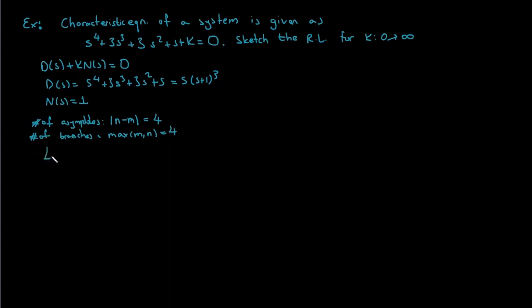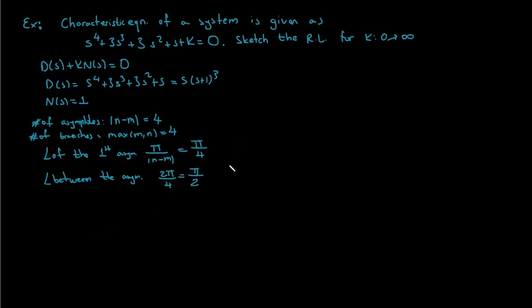and the angle of the first asymptote is equal to pi over n minus m, right? So it is equal to pi over 4, and the angle between the asymptotes is equal to 2 pi over 4, so it is equal to pi over 2.